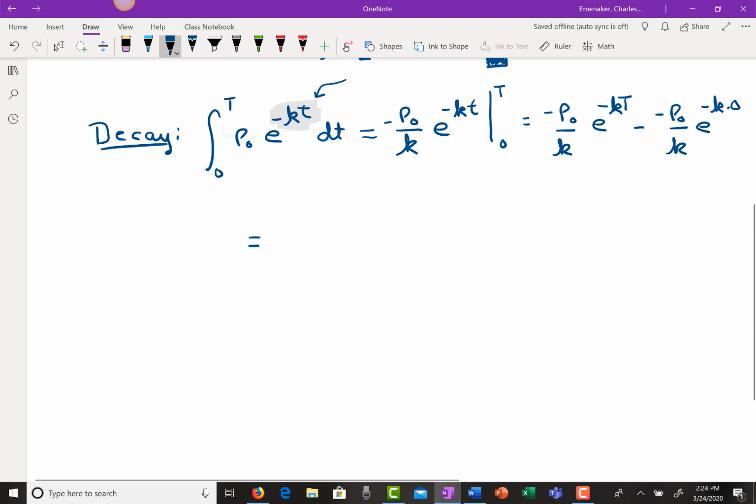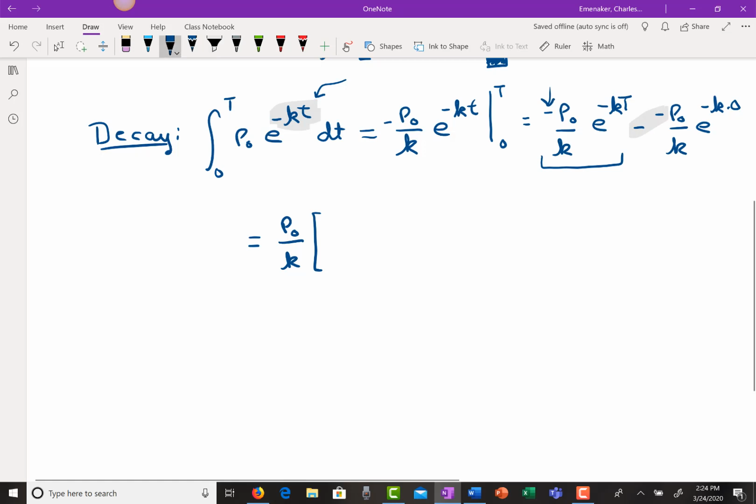When we factor out the p sub 0 over k, as we did previously, this first term is going to be left with a negative. The second term is going to be the negative of a negative, so this is going to become a positive, and the sign will change.